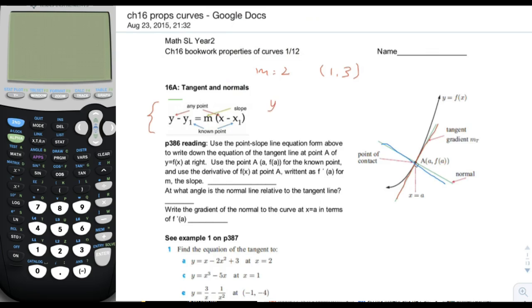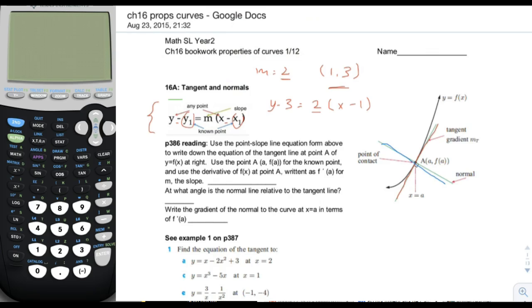It looks like this: y minus 3 equals 2 times x minus 1. So the x1 and the y1, you substitute in the coordinates 1, 3. There's a negative in between the coordinate and the x and y variables. And the slope 2 goes right there.